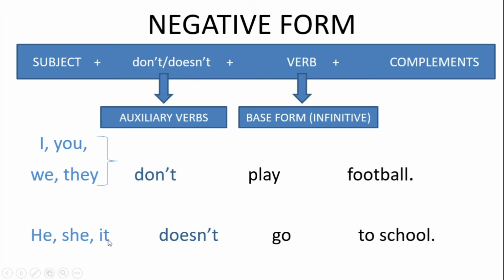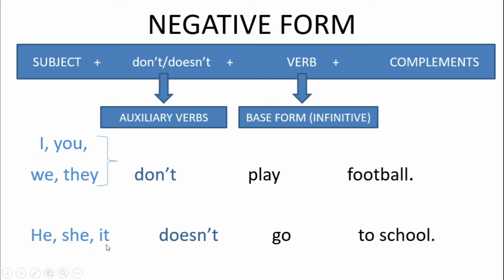He, she, it doesn't go to school. In this first example, I, you, we, and they perform the function of the subject. Don't is an auxiliary verb. Play is the verb in its base form or infinitive, and football has the function of complement or direct object.